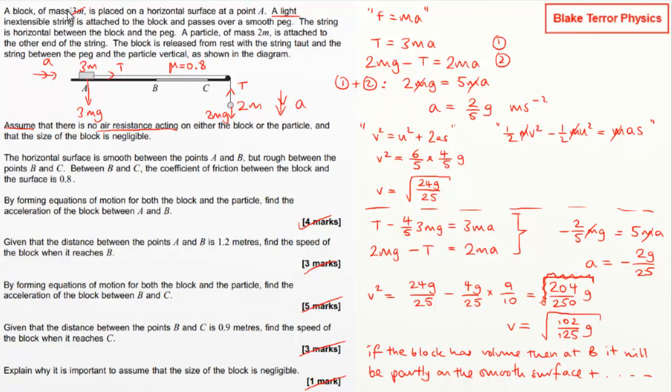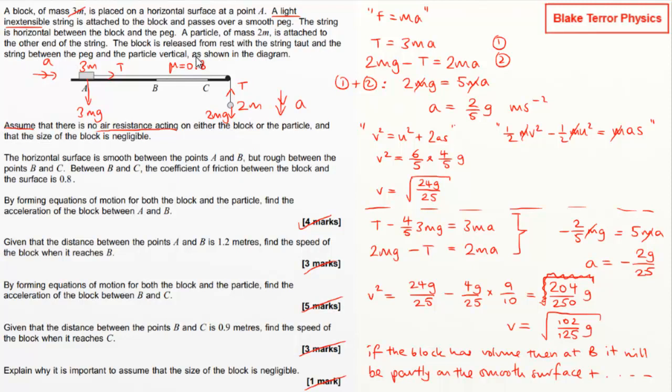You do have a light inextensible string so that you can do all of this F equals ma. You haven't got the extra mass in the string, and you haven't got the change in the acceleration because the string is stretching. You've got a smooth peg that is just changing the direction of the forces, but is still keeping this closed system of block and mass and string.